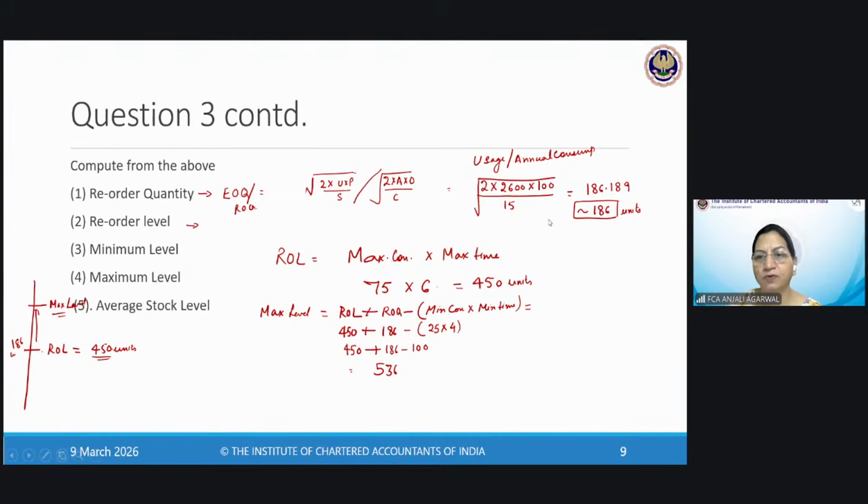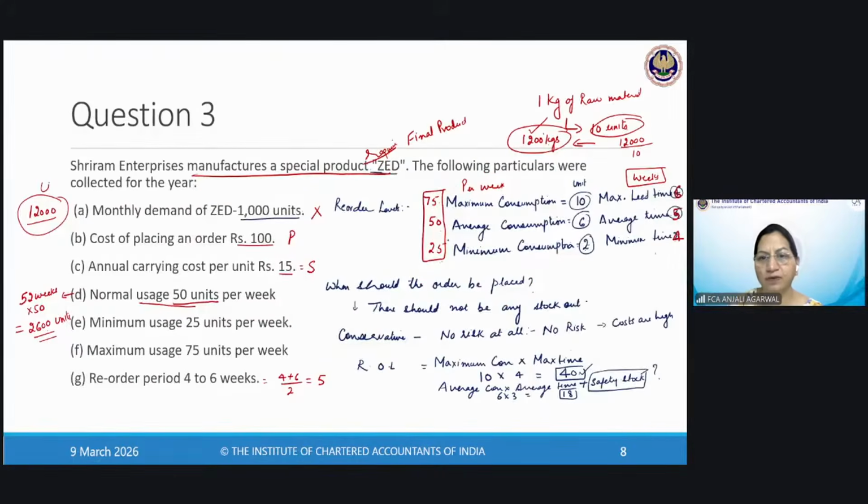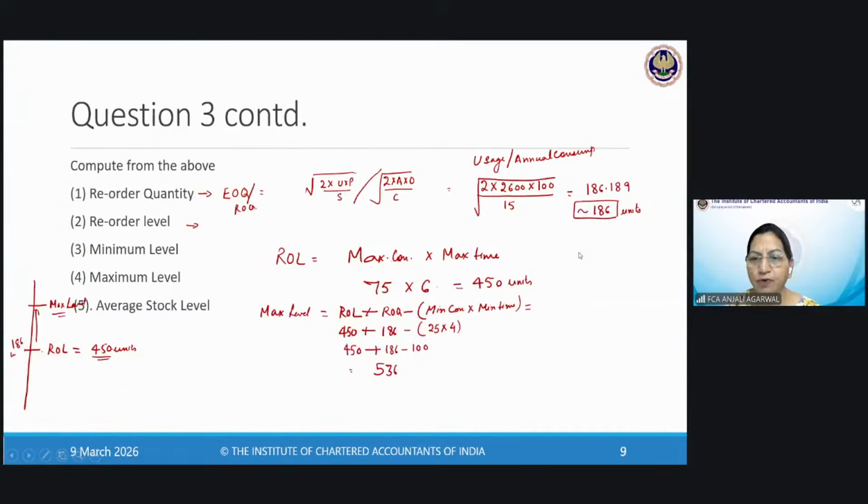Minimum you are going to consume 25 units and minimum it is going to take 4 weeks. So before you receive your 186 units, you would have already consumed 100, 25 into 4. So 450 plus 186 minus 100 is 536 units. If it is clear to you, Nagraj, please type in the chat okay or understood.